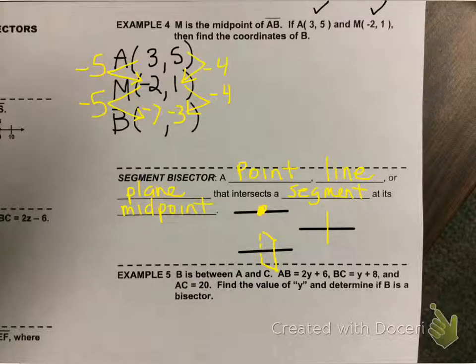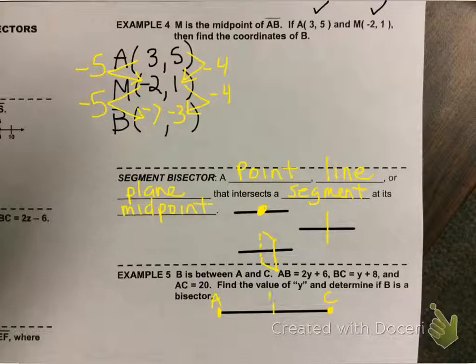Now, if you look at example 5, it says that B is between A and C. It gives you BC, and it tells you the length of the whole thing. It then says to find the value of y and use that to determine if B is a bisector of that. In other words, here's our line segment AC. That's A, this is C, and B is somewhere in between.